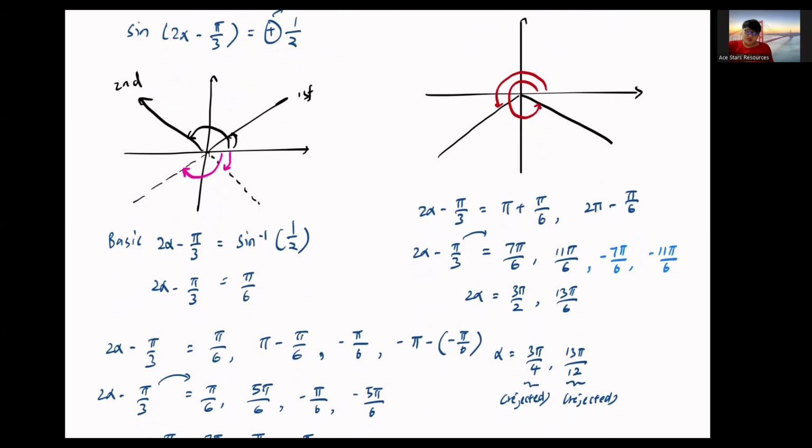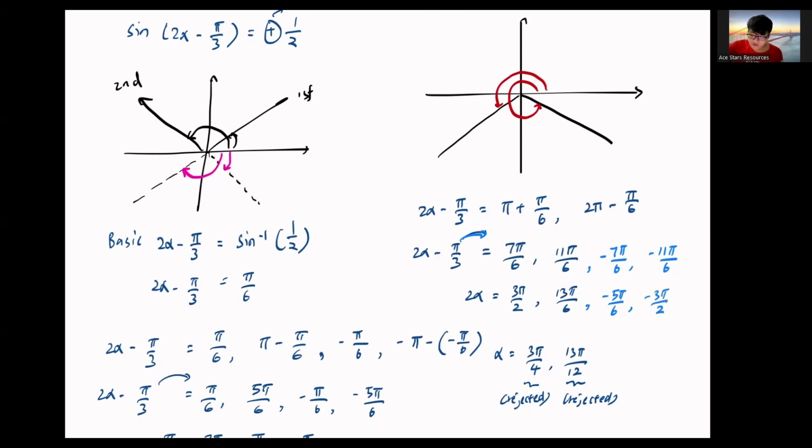Okay, so this time see what are the answers that will be different. After we move the negative pi over 3, that's gonna be minus 5 pi over 6. And I'm sure I can ignore the other one, but whatever. Let's just make sure it's there, so the working is completed. And it's 3 pi over 2.